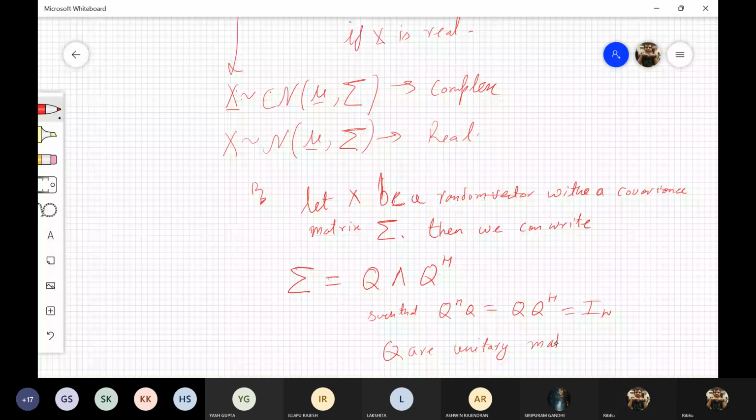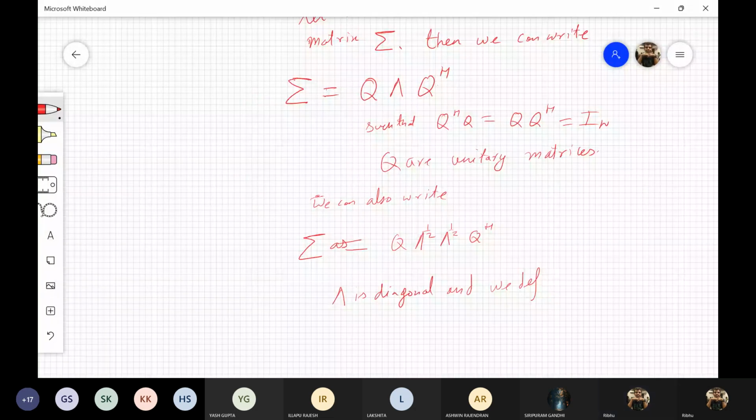Lambda is diagonal, and we define lambda to the power half as a diagonal matrix whose entries are the square roots of the eigenvalues of lambda.